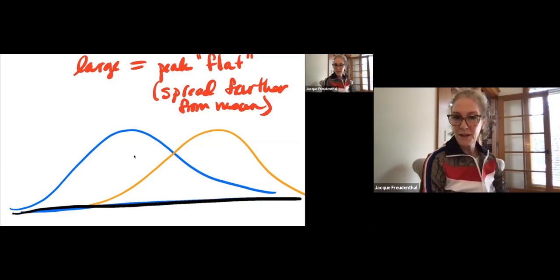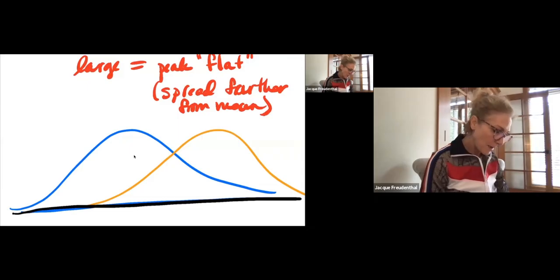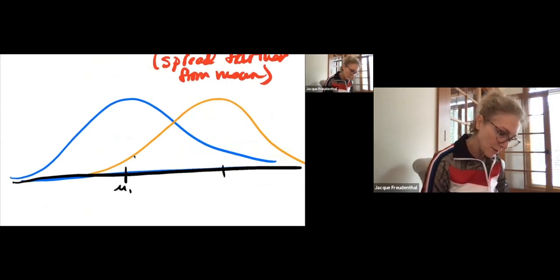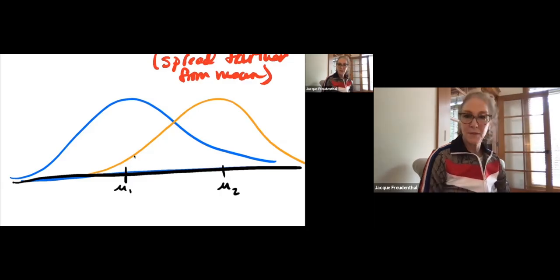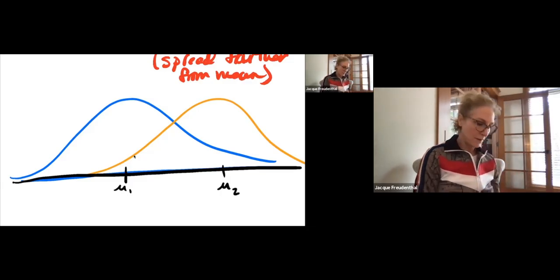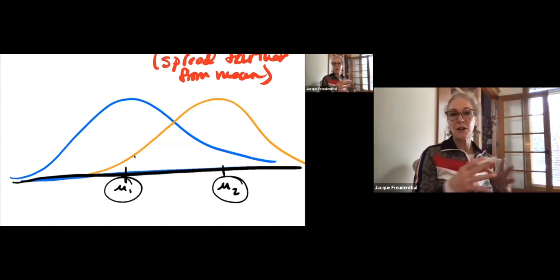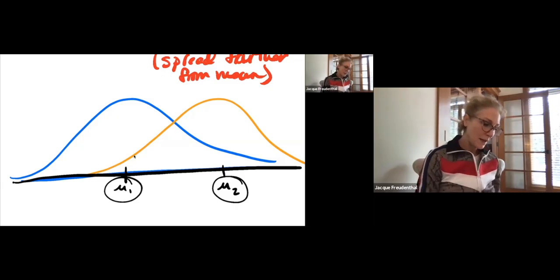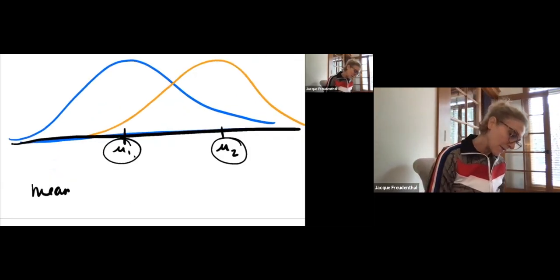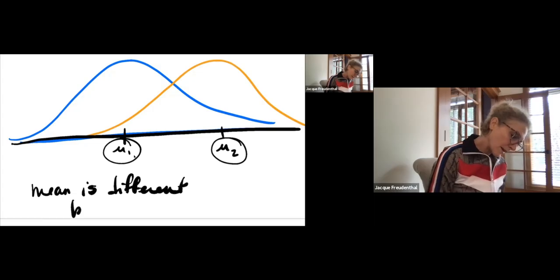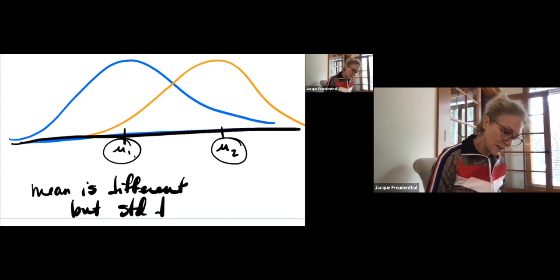So therefore the standard deviation would be the same, but the mean, and I'll just do mean sub 1, mean sub 2, the means are going to be different. The mean for the blue is here. The mean for the orange curve is here. But the height of the curve, the spread of the curve, is the same. So here the mean is different, but the standard deviation is the same.